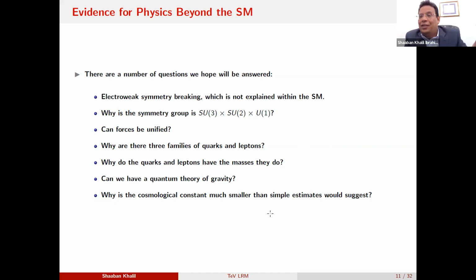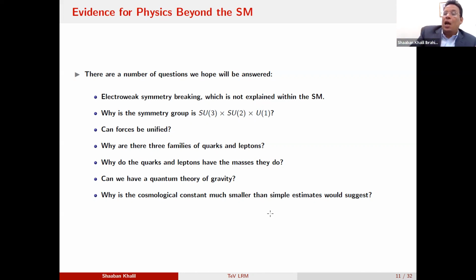So what is gravity? We are working only with 3 forces. Can we really include gravity at some point? Gravity may be neglected because it's very small. We are working with very small elementary particles, but gravity in the early universe could play really important roles. The cosmological constant is also an issue which cannot be addressed within the standard model.